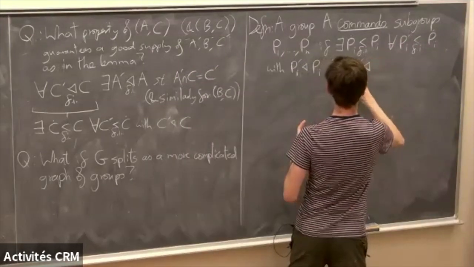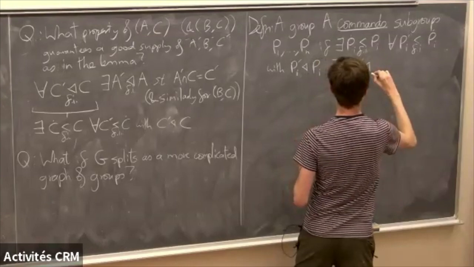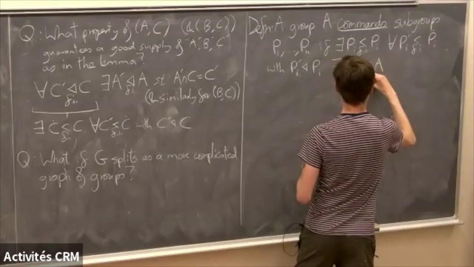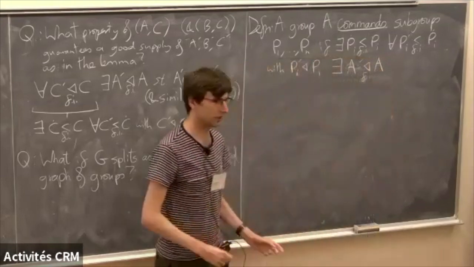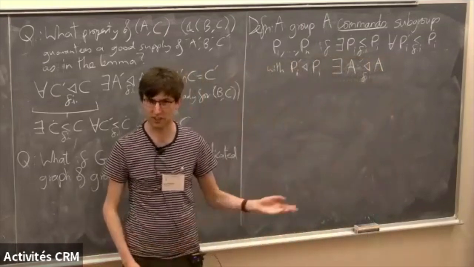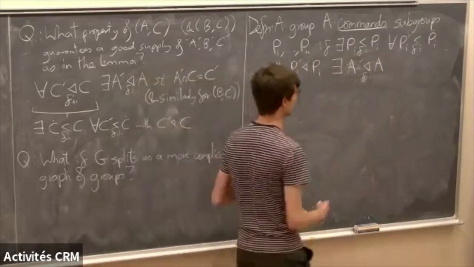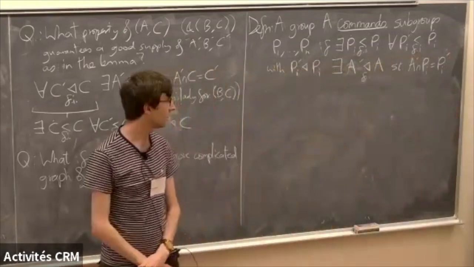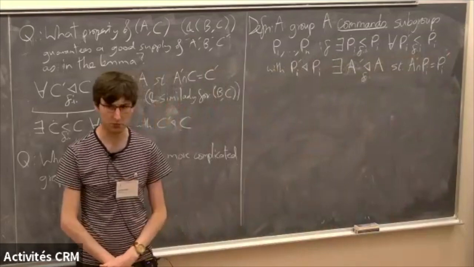No, I'm doing A instead of G. There exists A prime finite index normal in A that has the right intersections on the Pi. So such that A prime intersect Pi is equal to Pi prime.